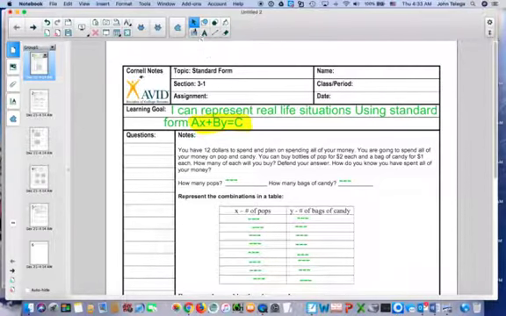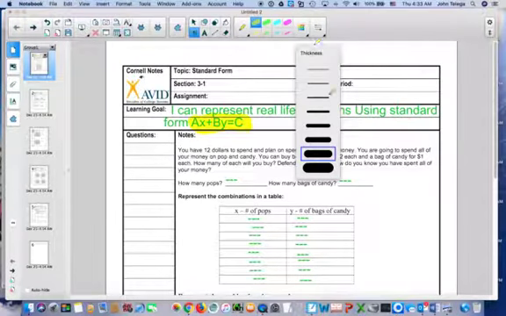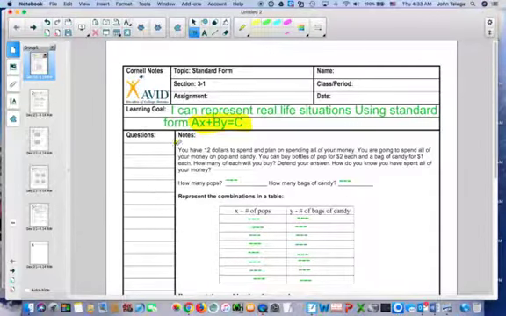So here we got our little problem right here, which is you have $12 to spend and plan on spending all of your money.